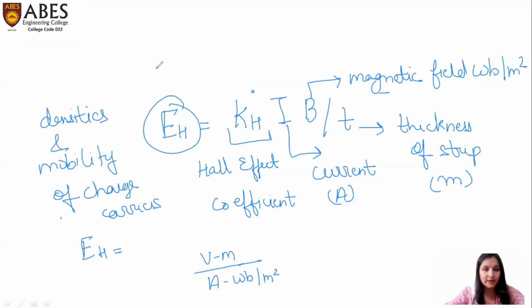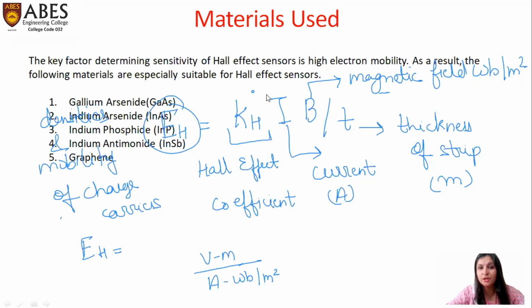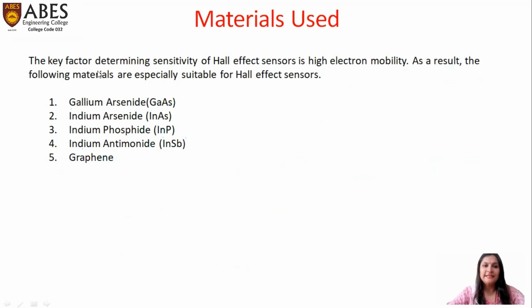Here we need to understand what materials are used for the Hall effect. The key factor for determining the sensitivity of a Hall effect sensor is high electron mobility. As a result, the following materials are used for making Hall effect sensors.